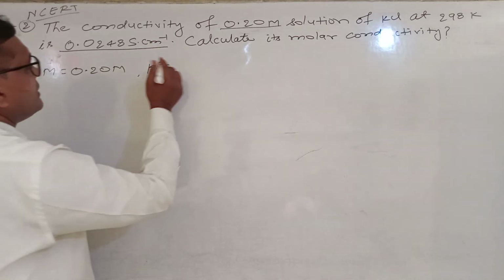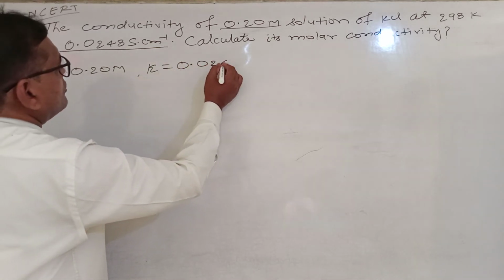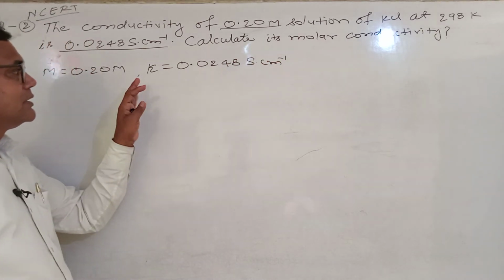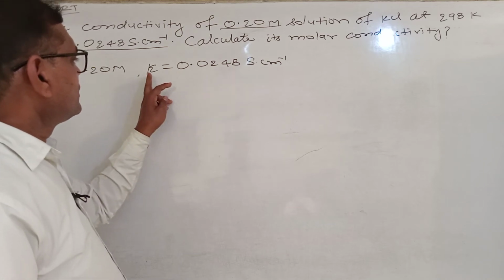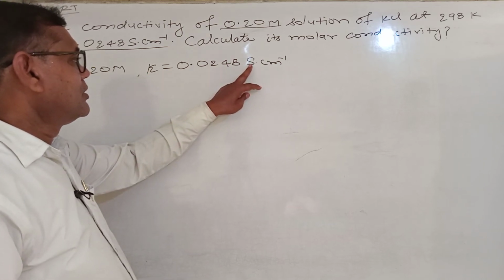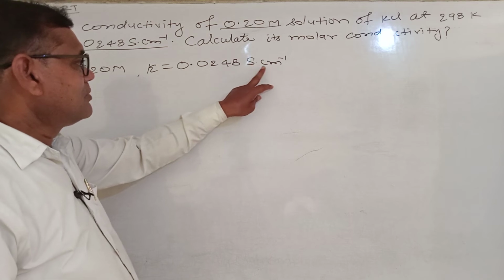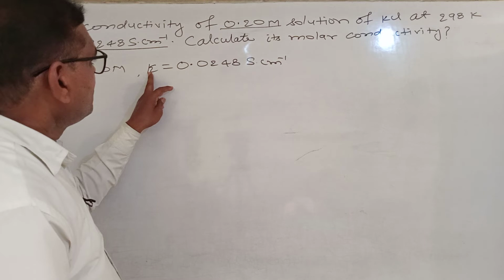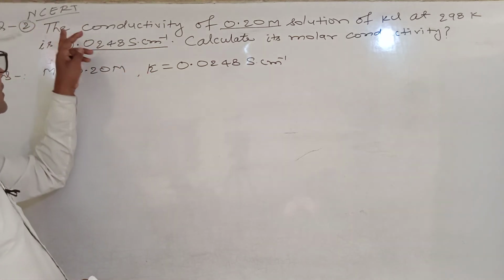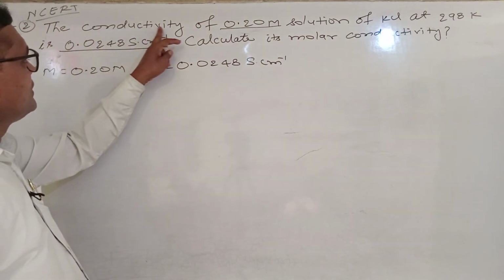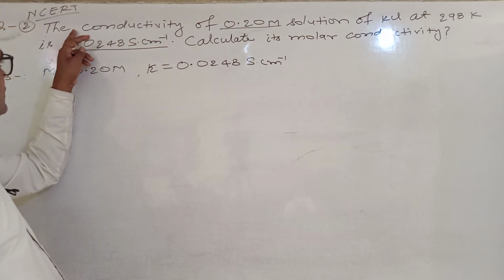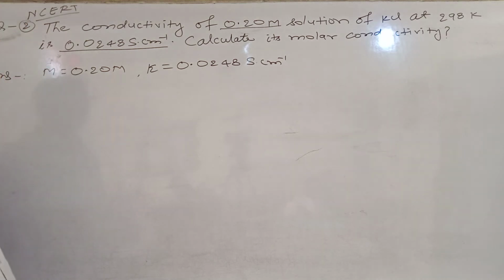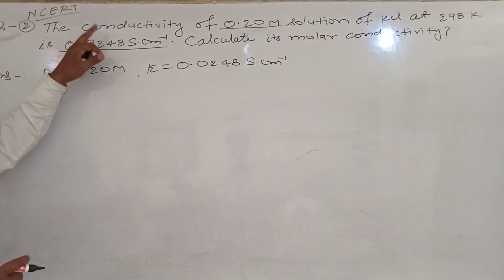Here we write kappa is equal to 0.0248 Siemens cm inverse. Siemens cm inverse is the unit of specific conductance, but in the question the writer writes only conductivity.